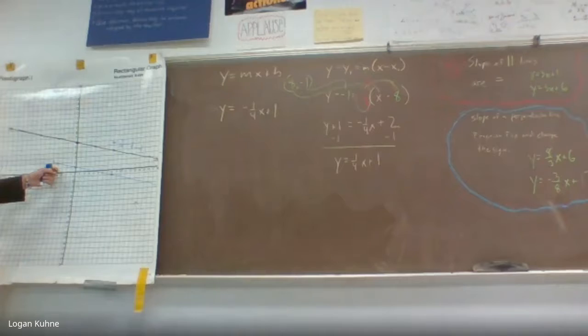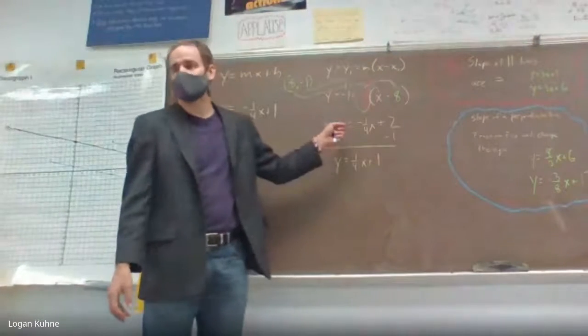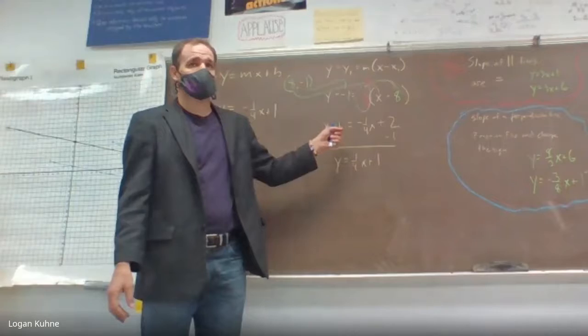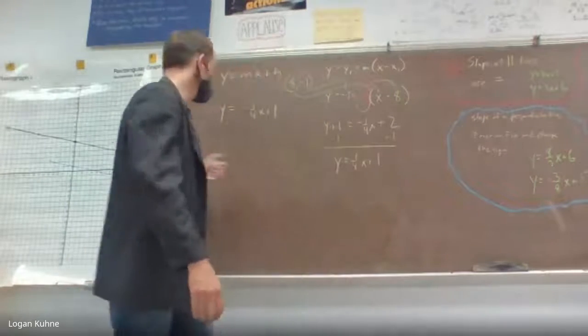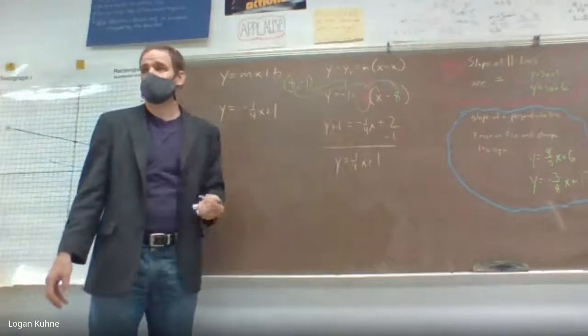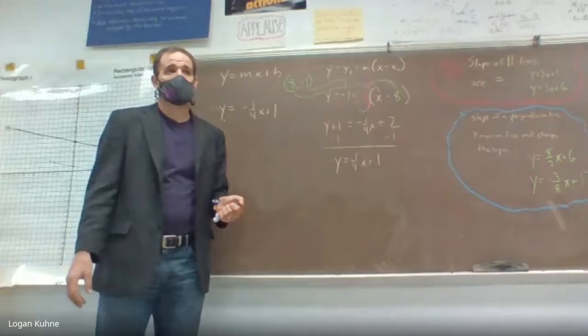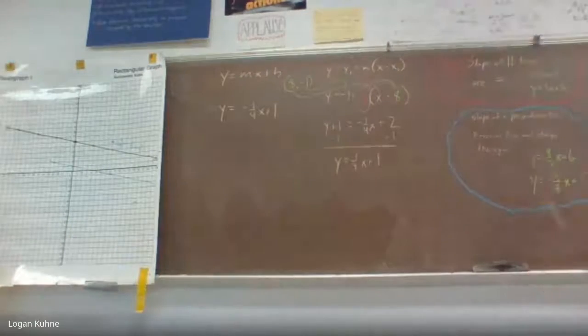Mr. Kuhne in high school did it this way. Then I got comfortable with this, and I was like, oh my gosh, this is so much easier. Go with what you're comfortable with at first. Once you get really comfortable with this, then maybe try this new one, see if it works for you. Try something new.